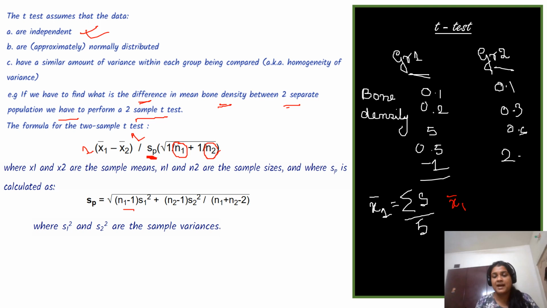So x1 bar minus 0.1, x1 bar minus 0.2, like this, x1 bar minus of -1. All these values will be taken together and added.